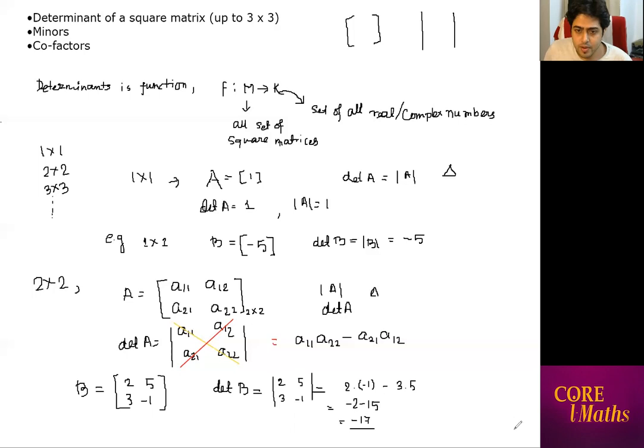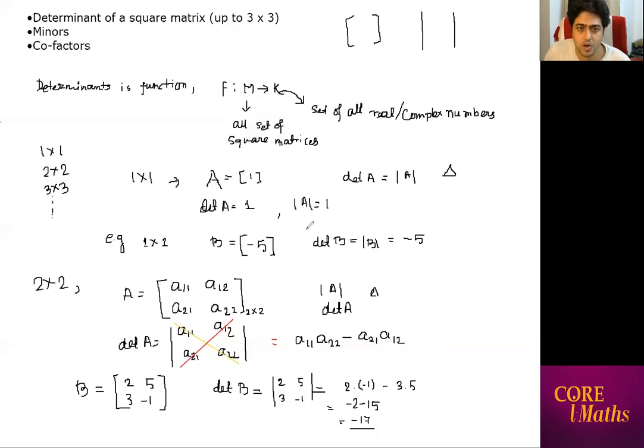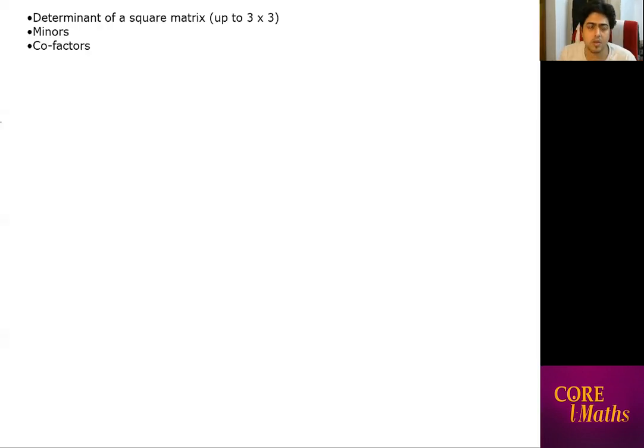Now, before we proceed to the next discussion, for 3x3 order you first have to know what a minor is and what a cofactor is of any square matrix. Let's start with what is minor and what is cofactor.